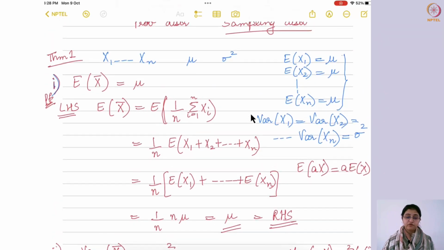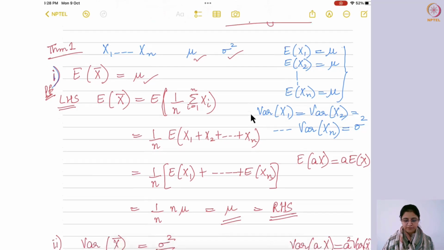For a random sample from any population whose mean is mu and variance is given to you, if you take expectation of the sample mean, you will get the population mean, which means that on an average, you are going to approach your population mean. It will be very close to the population mean.